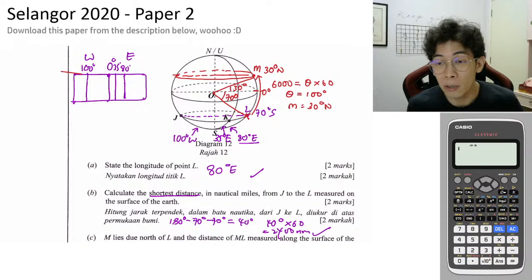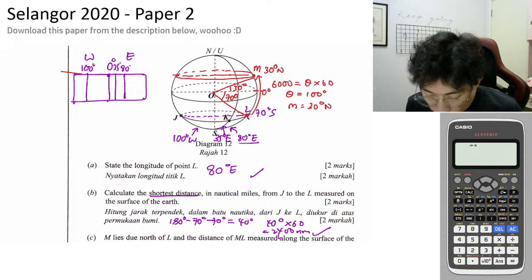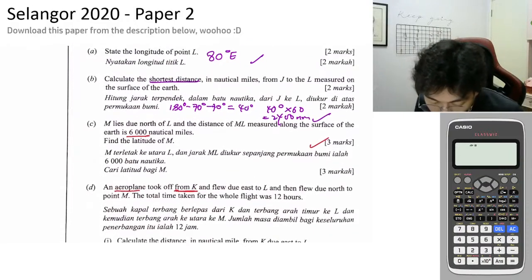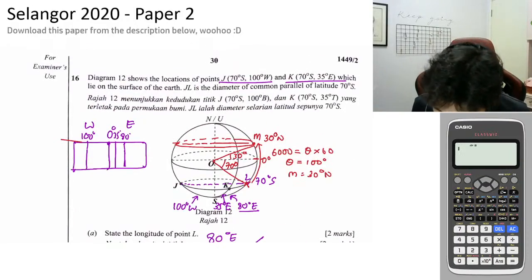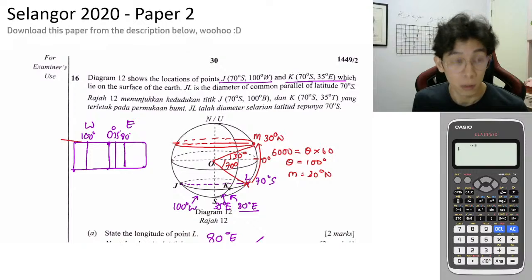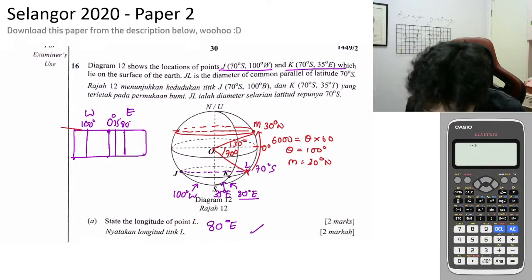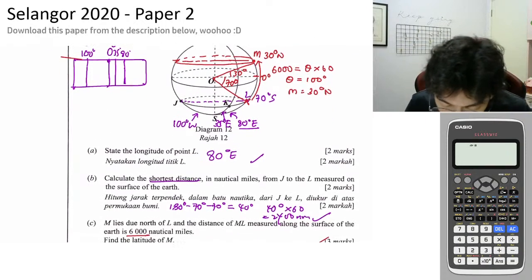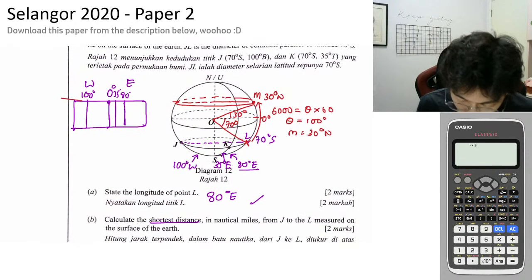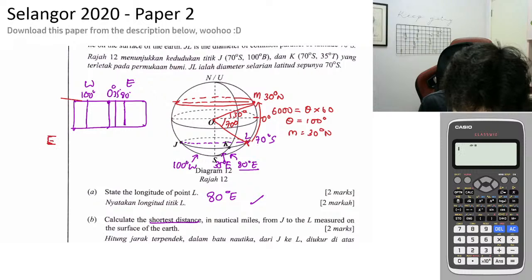Then after you fly there, it says due north to M. So it's just like this and like this, 2 distances only. So the 2 distances, we get the KL first. What is that KL distance, everyone? Let me write the part D question here.